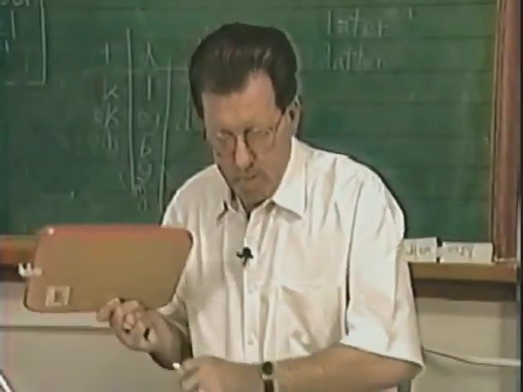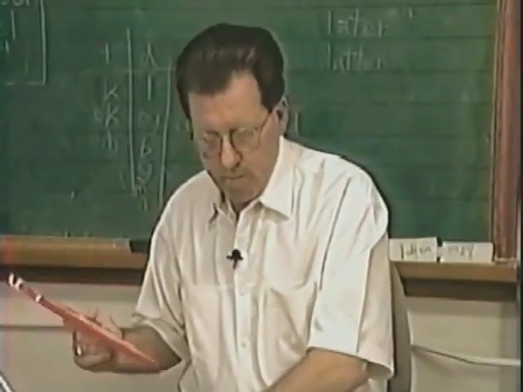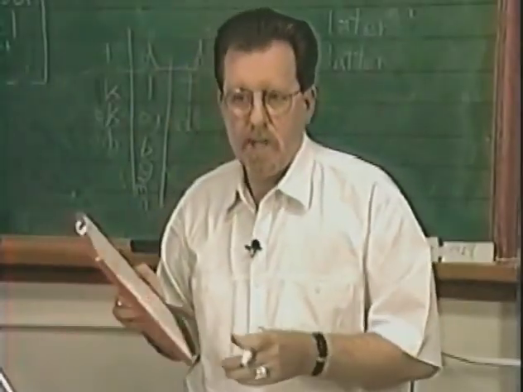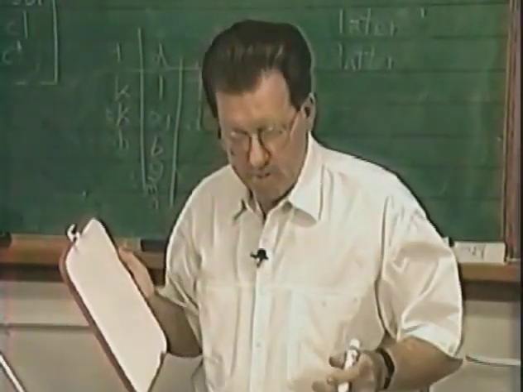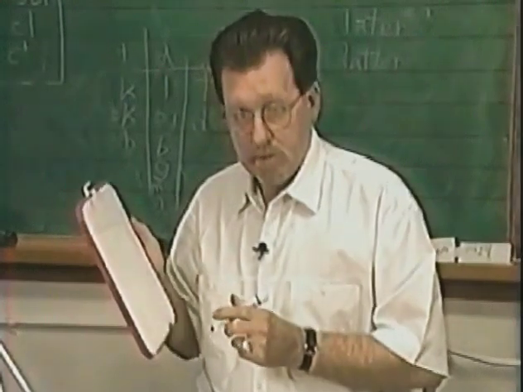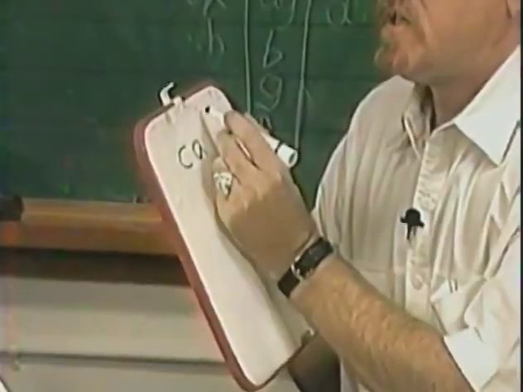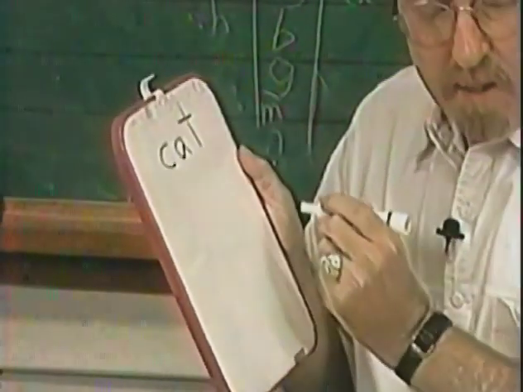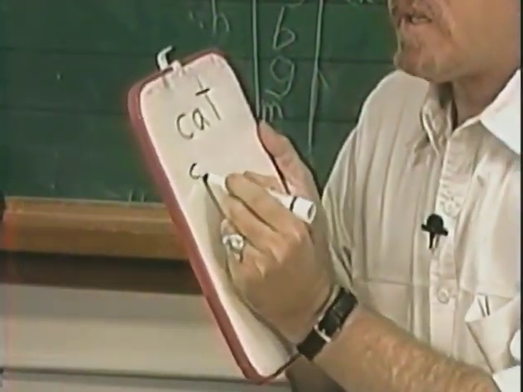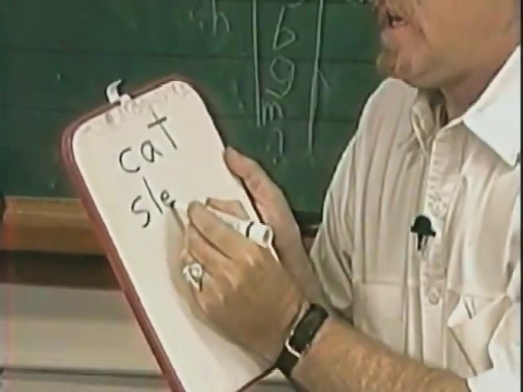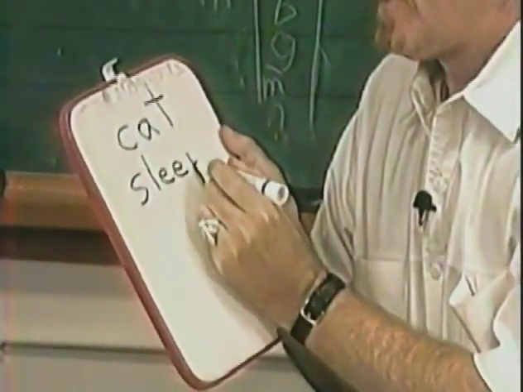So what we do here is the student will write a word and say the sounds that the letter spells as he writes the word. So the word cat would be k, a, t. The word sleep would be s, l, e, e, p.